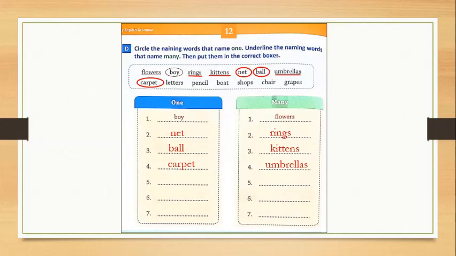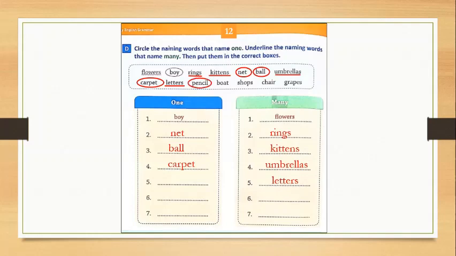Next is letters. Can you guess? Letters is a naming word for one or many? Letters is a naming word for many. So underline letters and write it in the second column. Next is pencil. Pencil is a naming word for one.